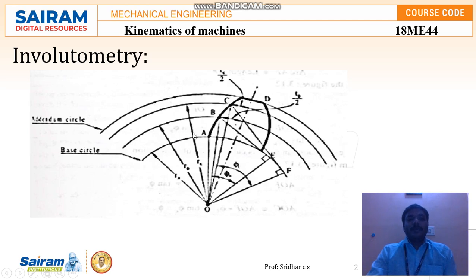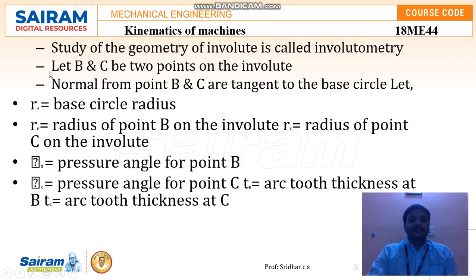So what would the involute profile be? Using involutometry we can study it. As discussed, RA, RB, RC are the radii and pressure angles at points on the involute. Next we're going to study backlash.